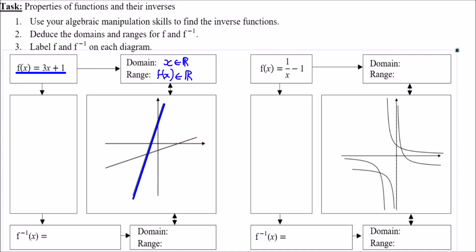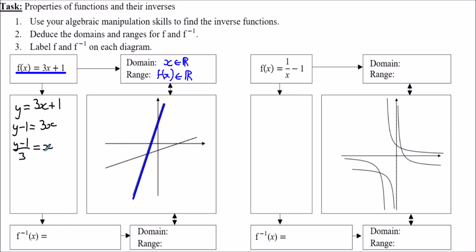So now what we need to do is to find the inverse. If I just call f of x y for a second, let y equals 3x plus 1. I'm going to make x the subject. That's how I'm going to find the inverse function. If I subtract 1 from both sides, I then get y minus 1 equals 3x. Then I can divide both sides by 3. So y minus 1 all over 3 equals x.